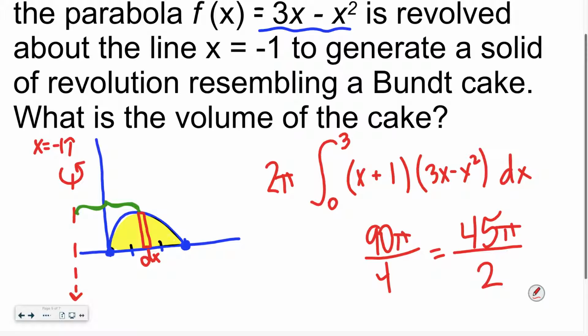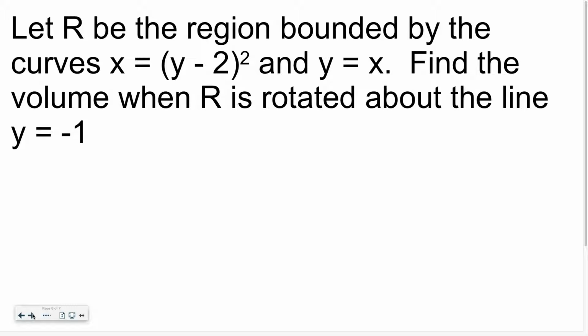I do not require you to reduce, so take that off your worry list. But what I don't want is 22.5 pi. No decimals with pi. Only fractions with pi.